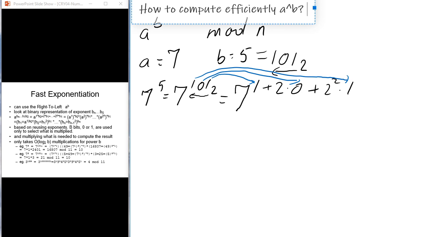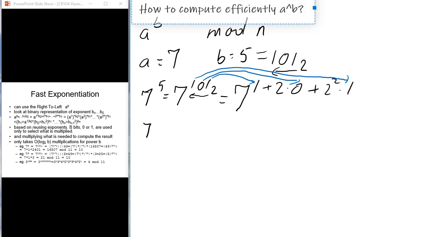Next, we are going to break this exponent into components.